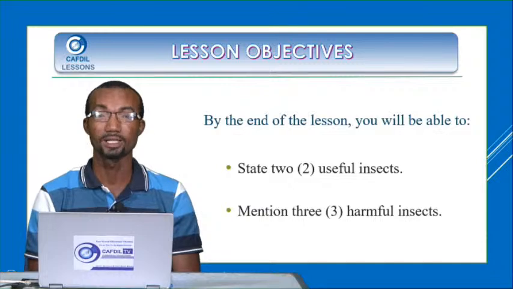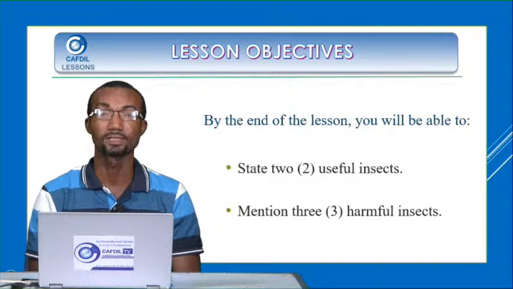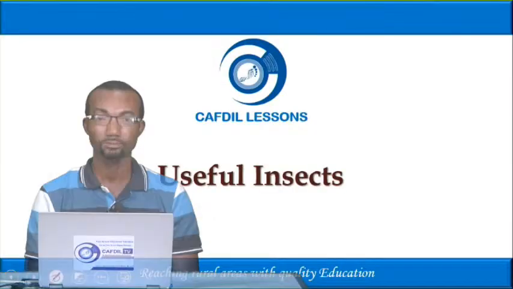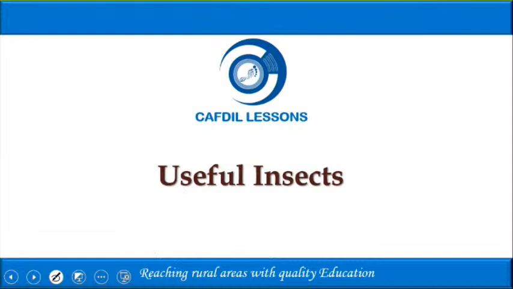So I expect that by the end of this lesson, you'll be able to state 2 useful insects as well as 3 harmful insects. Let's first look at some examples of useful insects and what they can do that makes them useful to us.